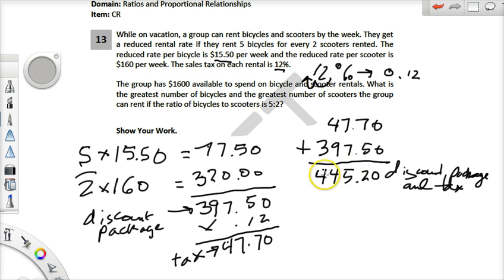Now let's see how many of these packages we can purchase if we have $1,600. Basically it's like how many times does 445.2 go into 1,600? So we know that's a division problem. So 1,600 divided by 445.2.